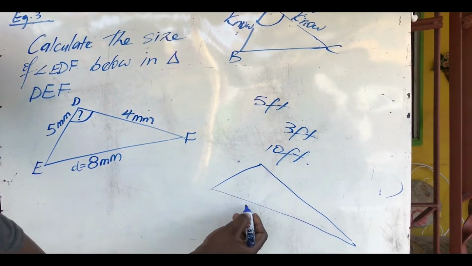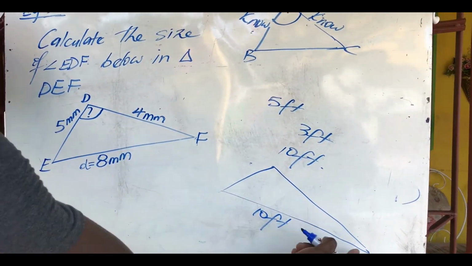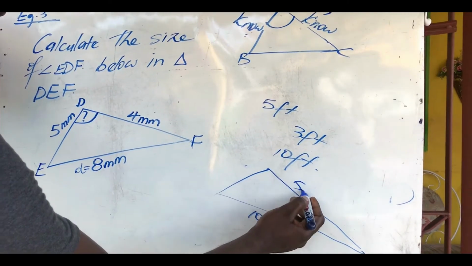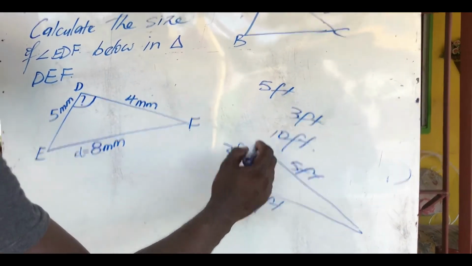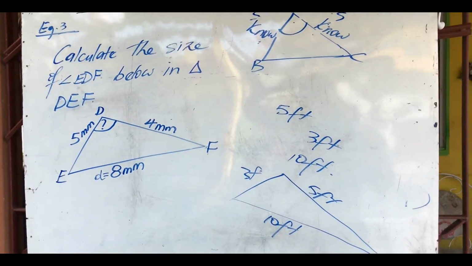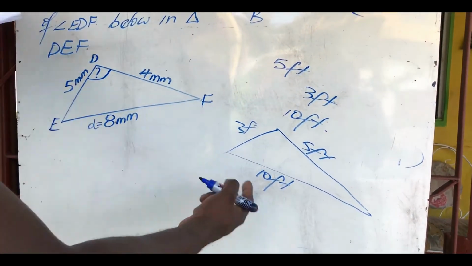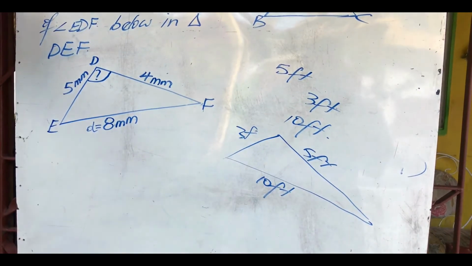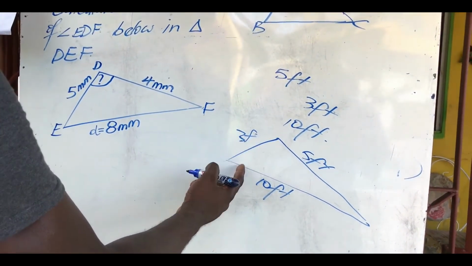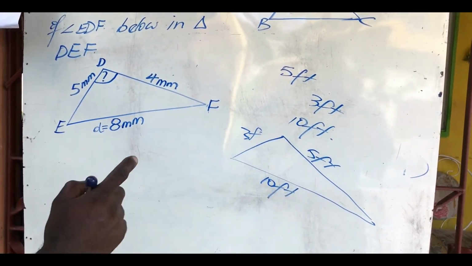Why? If this is 10 feet, assuming that this is the longest, this being 5 and this being 3, there is no way that you can arrange them so that you have a triangle forming. Why? Because a triangle must satisfy certain criteria.